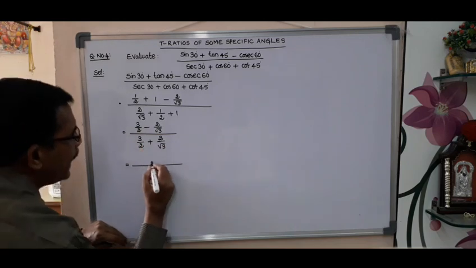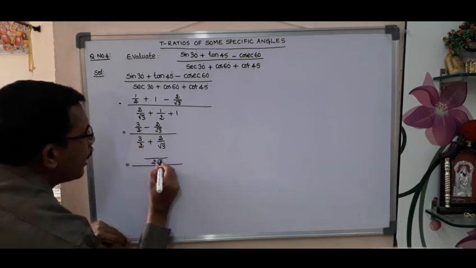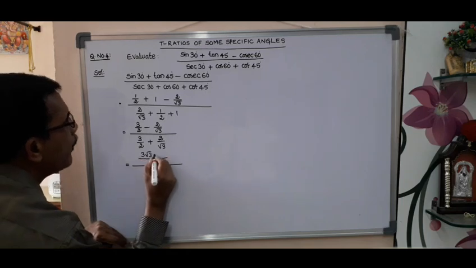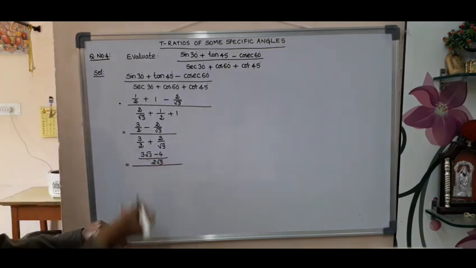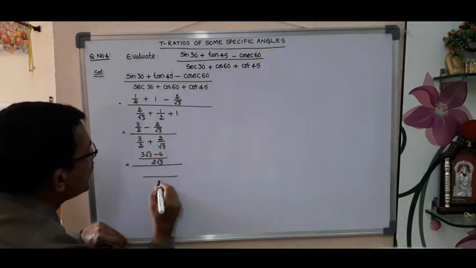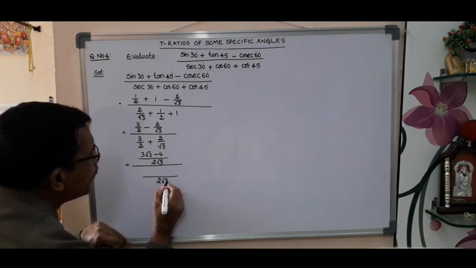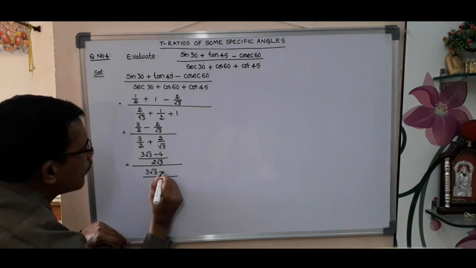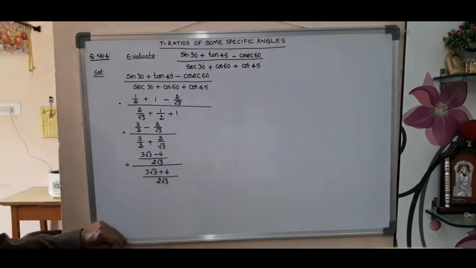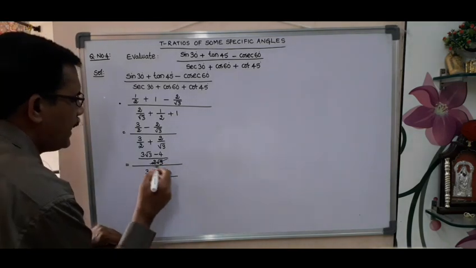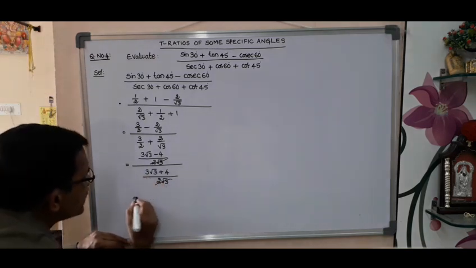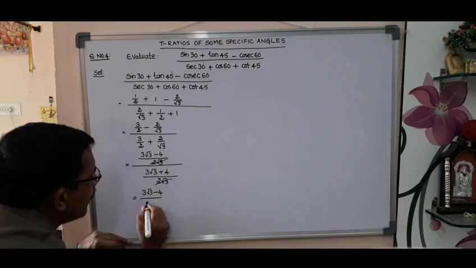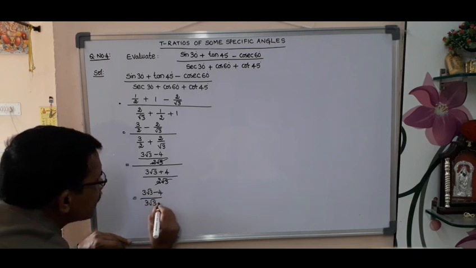Now, 2√3 is the LCM. Cross multiplying, we get 3√3 minus 4. In the same way, in the denominator, the LCM is 2√3, giving 3√3 plus 4. The 2√3 cancels, so that is equal to (3√3 - 4)/(3√3 + 4).